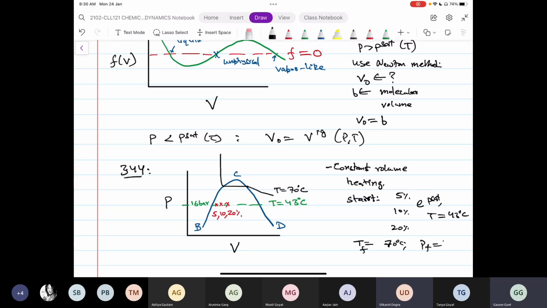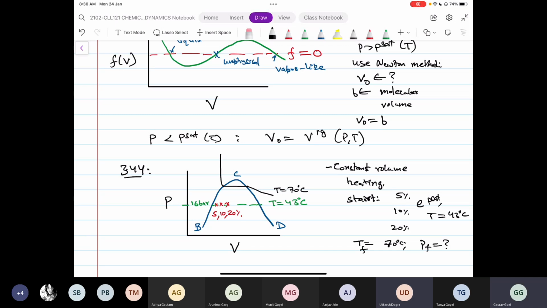what is the final pressure? So how should I go about solving this? It is a constant volume process. Can you try to solve it on the graph first? If you can solve it on the graph, you would be able to solve it quantitatively also.